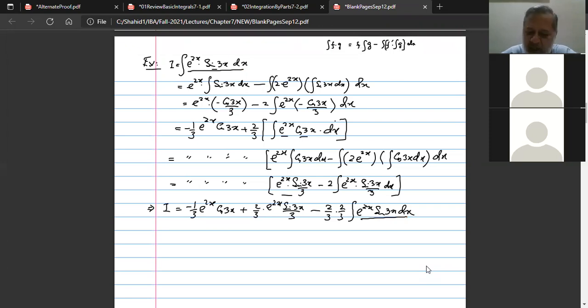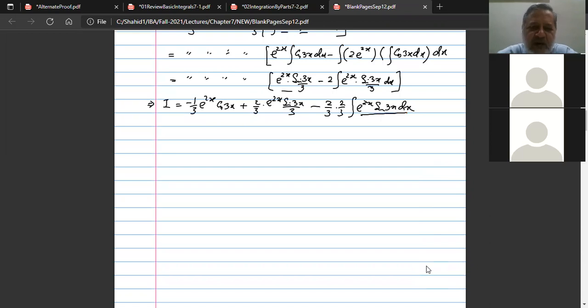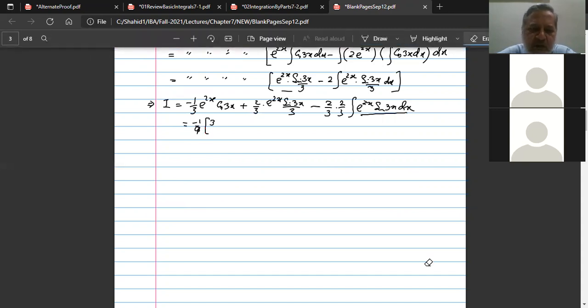So I finish the job like this. Minus 1 by 3, in both of these, 1 by 3 is common. Why not I take 1 by 3 common? Okay, why not 1 by 9 common? So it will become 3. There is something more common. In both of these, I took minus 1 by 9 forcefully common, but e power 2x is genuinely common.